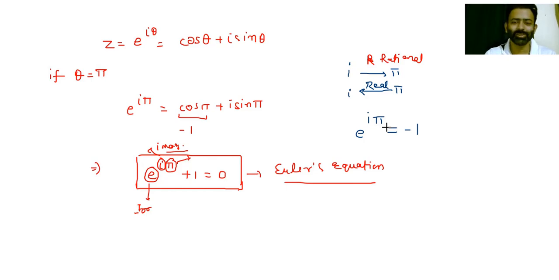There are a lot of t-shirts too on which these kinds of equations are printed. So this was a brief idea about Euler's equation, and that's it as far as complex exponents are concerned.